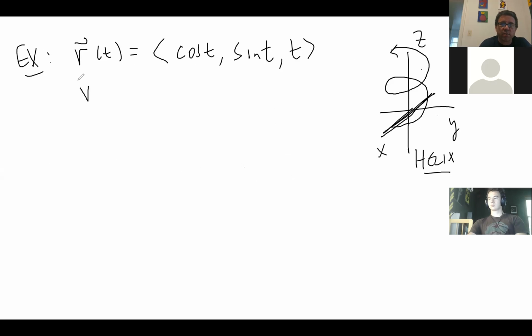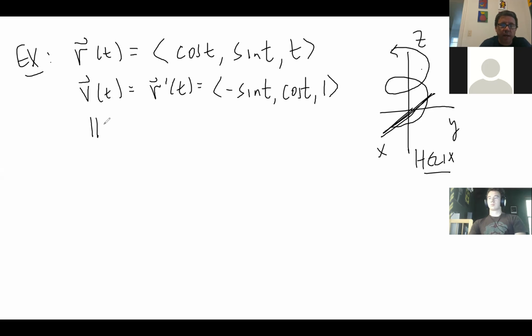So just as a reminder, if we want to do v(t) as r prime, then we get our standard minus sine, cosine, and 1. So if we take the length of v(t), make sure you square out the negatives. That's always a mistake people make on the homework.